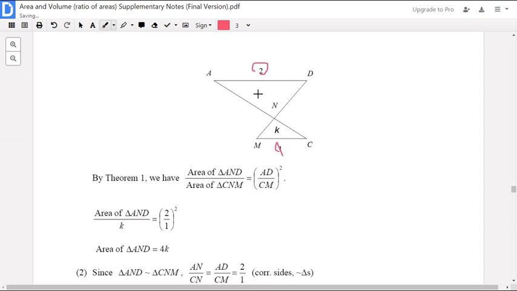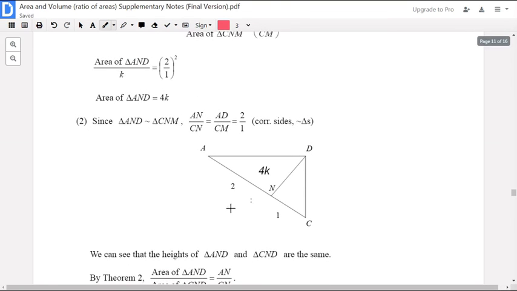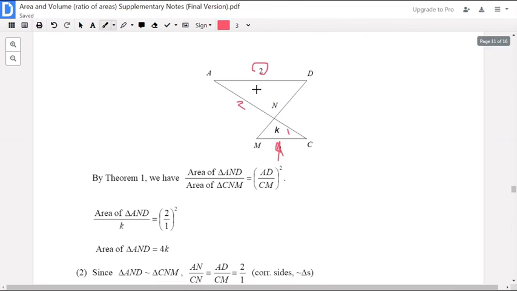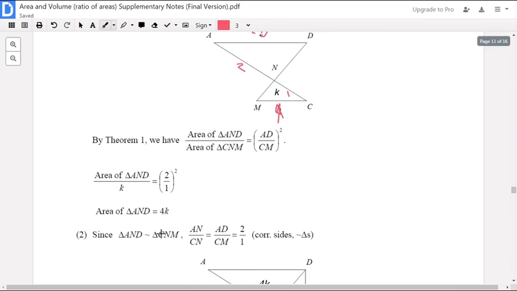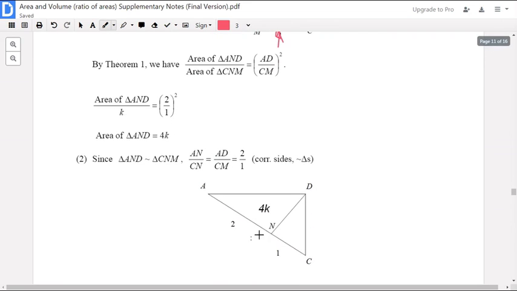Then this ratio must be 2 to 1 also. Therefore, the ratio is 2 to 1. The area here is 4K, as we have shown in the first part. So this is 4K, and the ratio of AN to NC is 2 to 1.